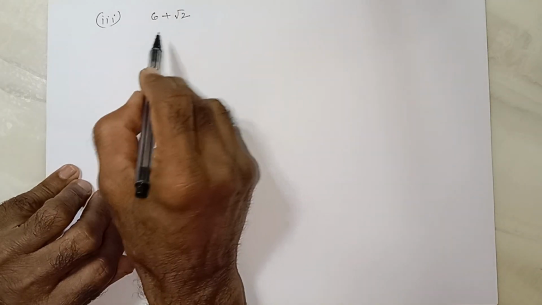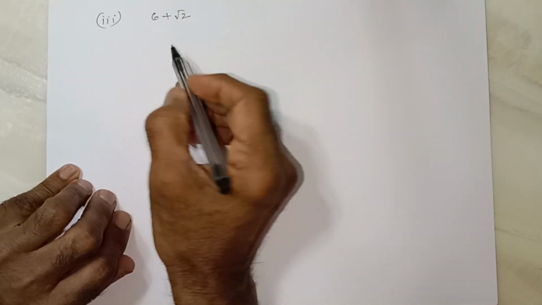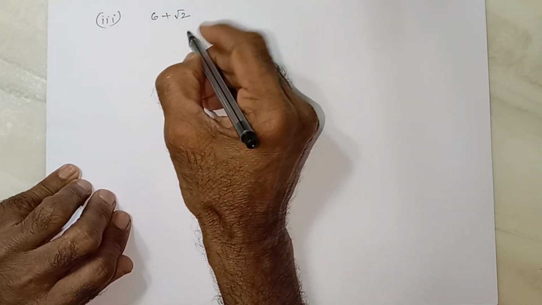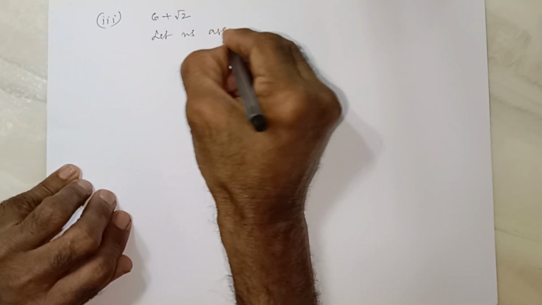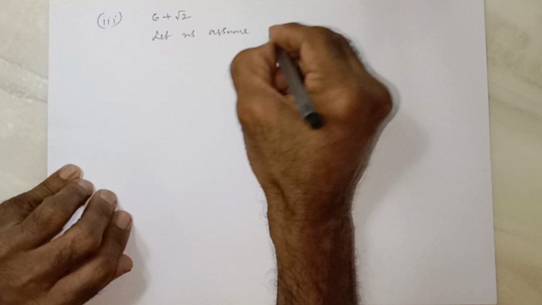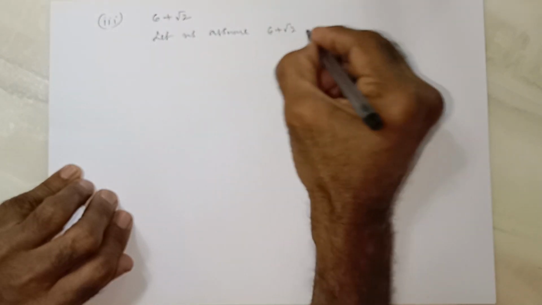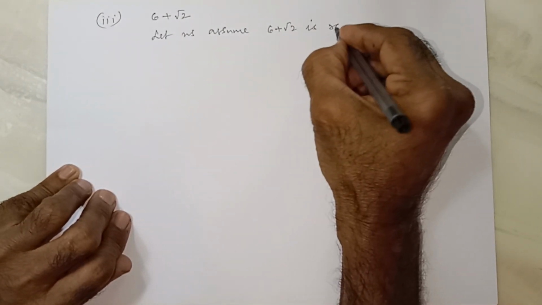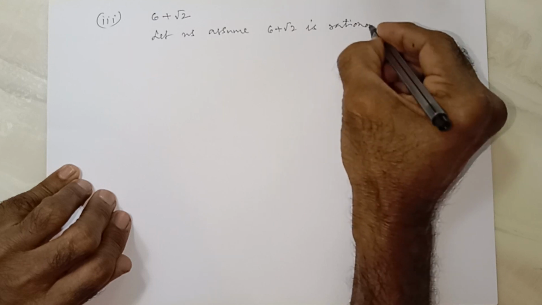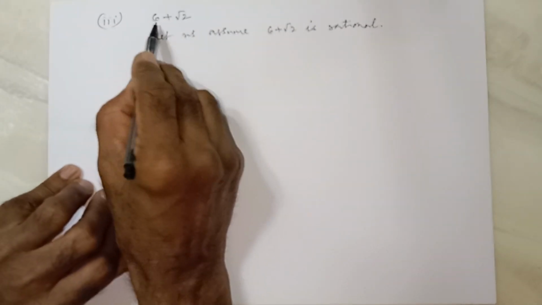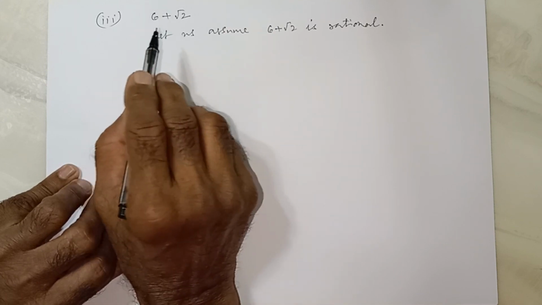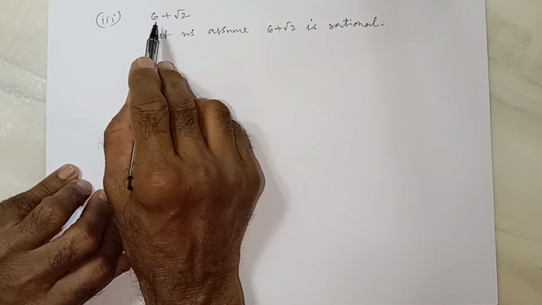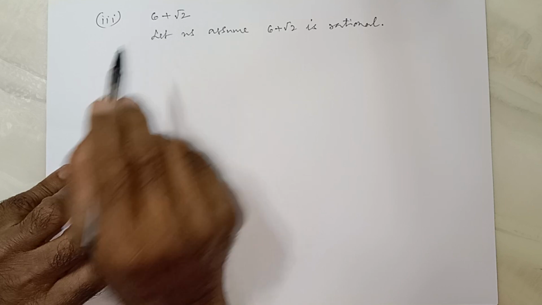The question is, we have to prove that this is irrational. How to prove that? First step is, let us assume 6 plus root 2 is rational. That's the first step. We have to assume that. And if it is proved, then it is rational. If it is not proved, then automatically 6 plus root 2 becomes irrational.